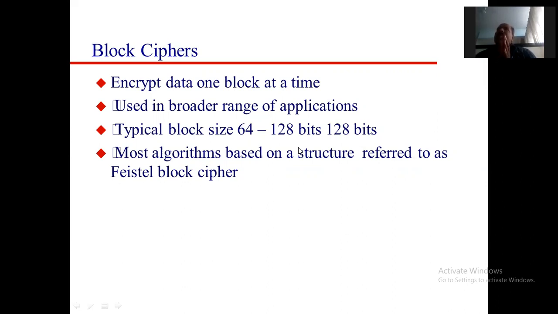Suppose I perform the encryption with input plain text of 50 characters at a time, then I can say the 50 is a block. Suppose I take 60 characters at a time, then that group of 60 characters is called a block. So this is called block ciphers.